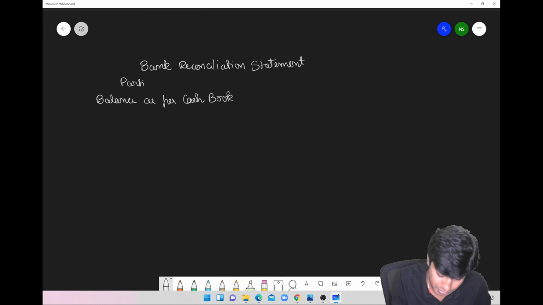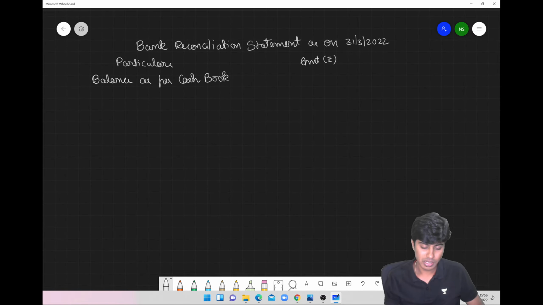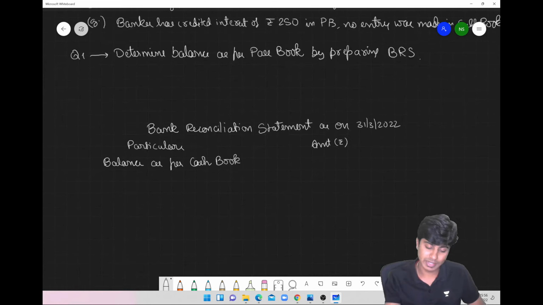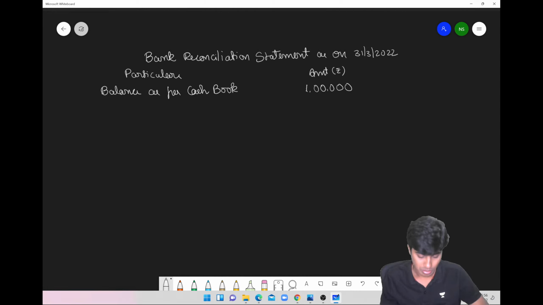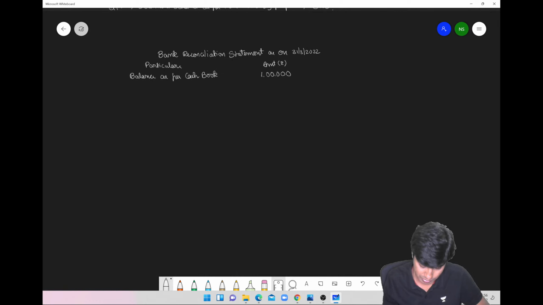I will write the column headings, particulars, as on 31st of March 2022, and here I will write amount in rupees. So what is the balance as per cash book as on 31st of March 2022? It is 1 lakh. Give me a moment. I'll quickly draw a box for this.